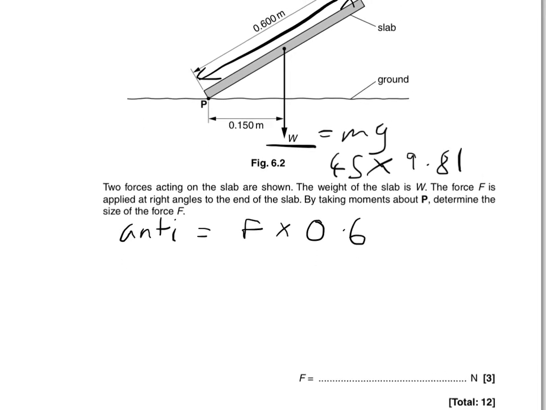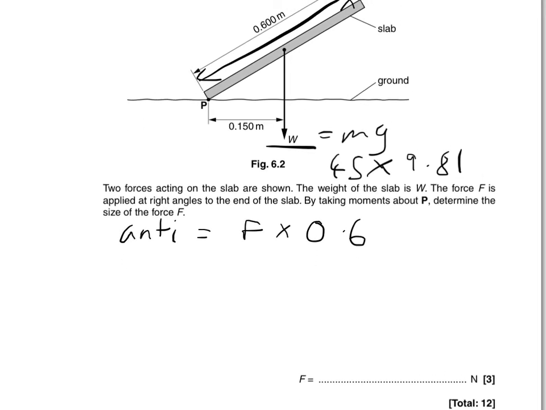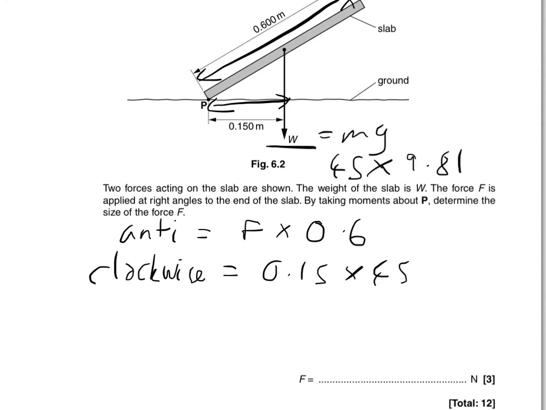So we know the anti-clockwise moment is force times 0.6, and we know that the clockwise moment is equal to the perpendicular distance from the pivot, so here we are, 0.15 times 45 times 9.81, which is the force.